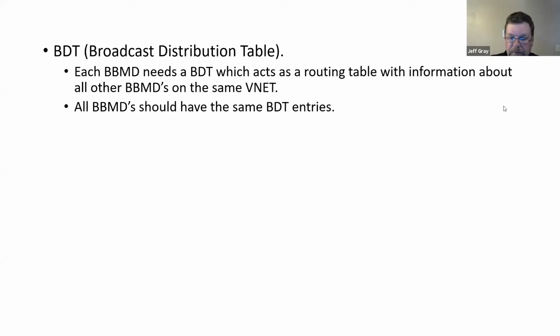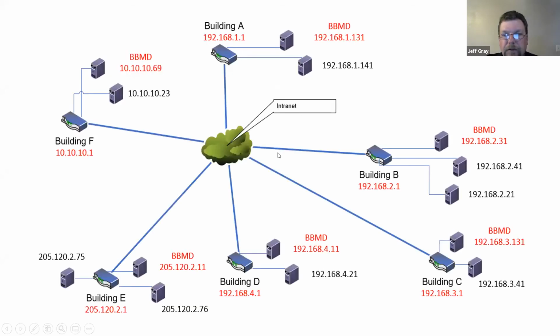I've got an example on the next couple slides. In the middle, this is an intranet, right? So it's not so much going out through the World Wide Web. This is more of a private IP, private Annex J BACnet IP setup.